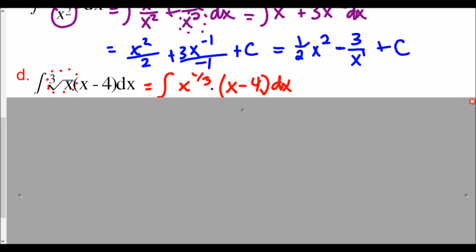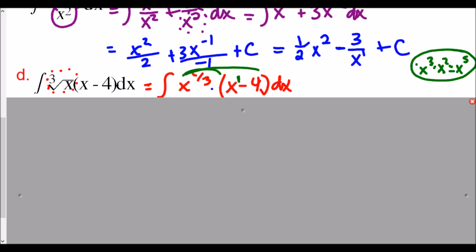Now, we still don't have a product rule. So what we're going to have to do is distribute this x. But right now we have x to the 1/3 and x to the first. That really has a 1 there. When we multiply x's, like if we had x cubed times x squared, we would add those exponents and we'd get x to the 5th. Okay. So even though these are fractions, our rules still apply.